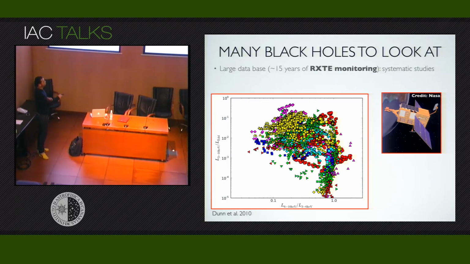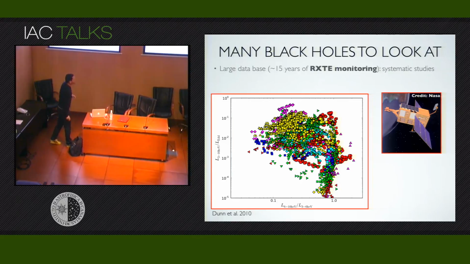You can see here this track in purple corresponds, again, one observation is 1 day. Every color corresponds to a different source. We have these purple tracks, these red tracks, these yellow tracks. Globally, they do the same thing, they do these loops, but it's clear that there are some differences between the different systems.